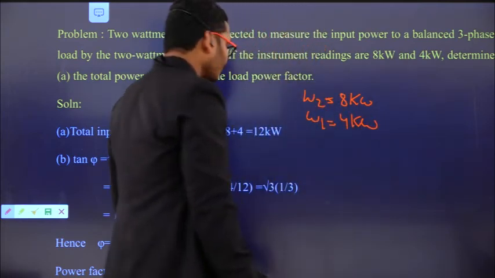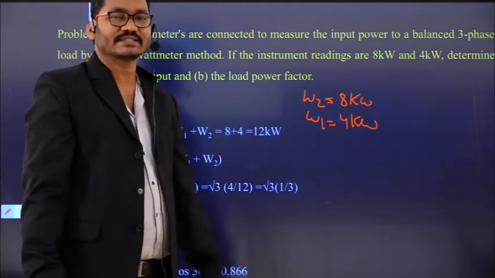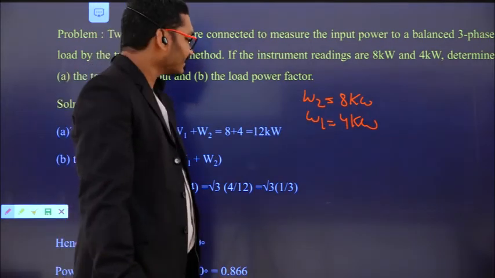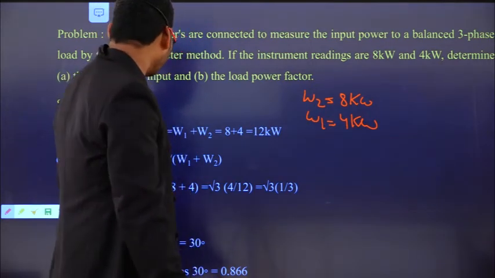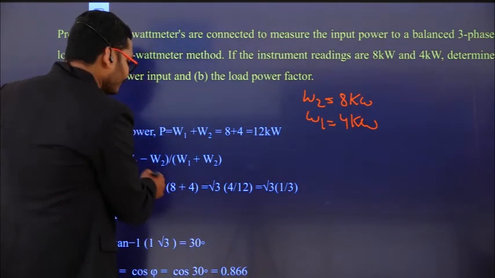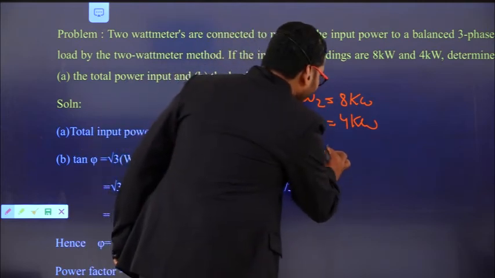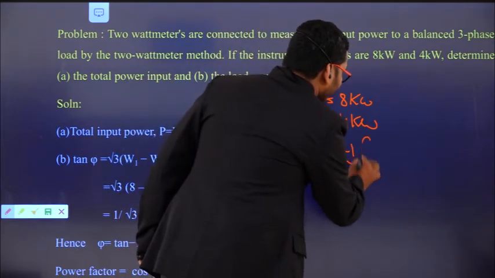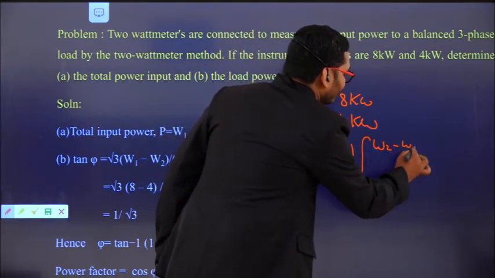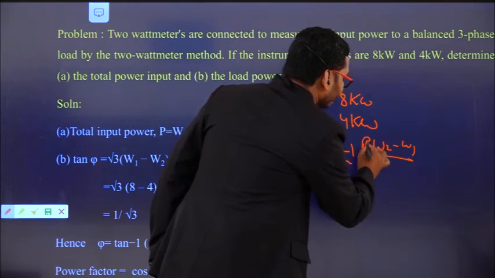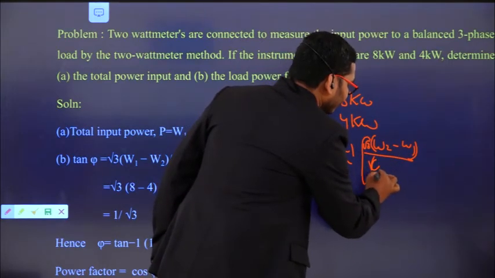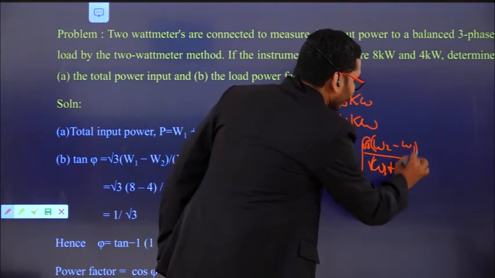Okay, which one is the maximum value, that you consider as wattmeter 2, because we find out the formula for tan phi equals tan inverse, root 3 into W2 minus W1 by W1 plus W2. We have derived this.